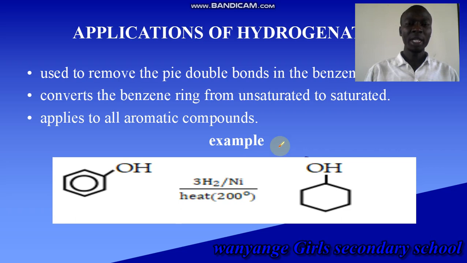How is it important? We use this reaction to remove the delocalized pi electron ring in the benzene ring. Okay? So that double bond containing pi delocalized electrons can be removed by hydrogenation.